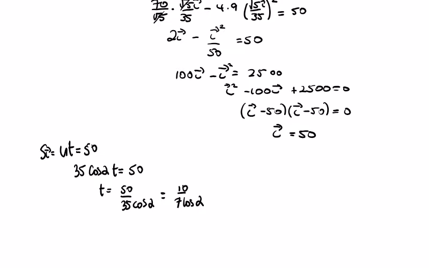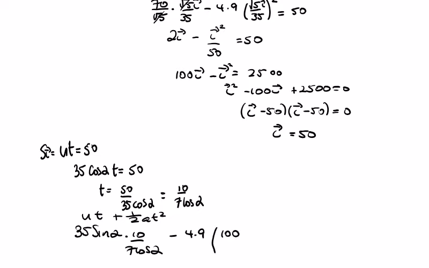So in the j direction, we had 35 sine alpha as the u. So my ut plus a half at squared. So 35 sine alpha by 10 over 7 cos alpha, you can see is going to give me a tan alpha, minus 4.9 by t squared, which is going to give me 100 over 49 cos squared alpha.